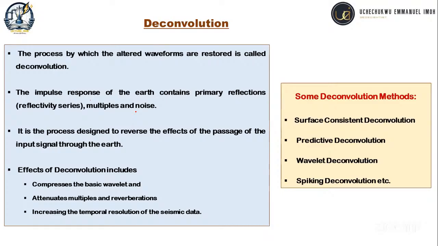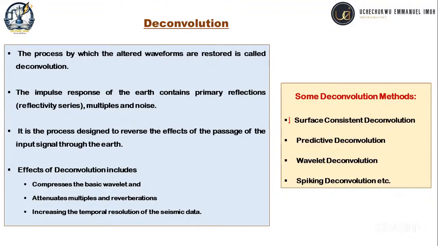So there are different ways you do the deconvolution processing: surface consistent deconvolution, predictive, wavelet, spiking deconvolution, depending on the software or the processor and especially the data sets, because you test different deconvolution methods. Anyone that suits your data best, you can choose.